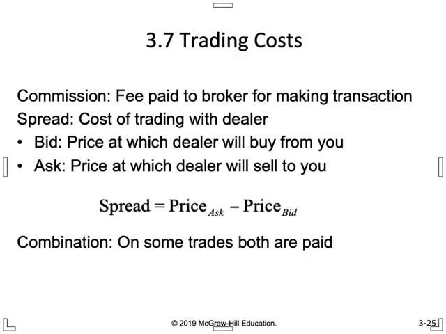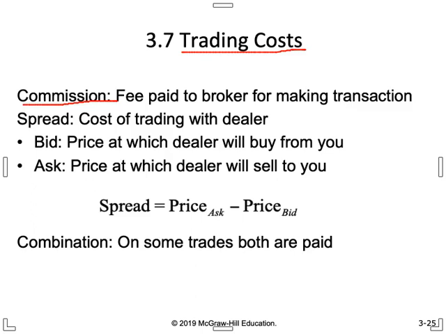Trading costs. One of the areas where you would be at a disadvantage against a high-frequency trading firm is trading costs. They can trade at very low costs, which gives them an edge, an advantage. There are two primary costs. One is commissions, which is just a fee for a transaction.